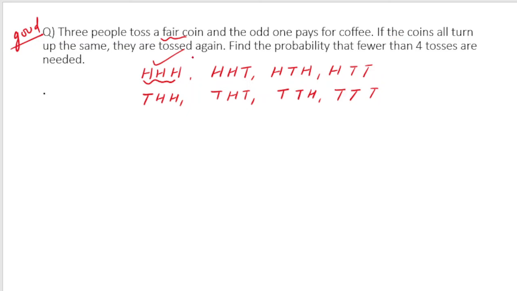So in which situation do I have to toss the coin again? In this situation, let me highlight it with black color, this situation and this situation. In all other situations there is a success, because if 3 people are tossing the coin and the third one is the odd one, this one will pay for the coffee. In this case, the second person will pay for the coffee.